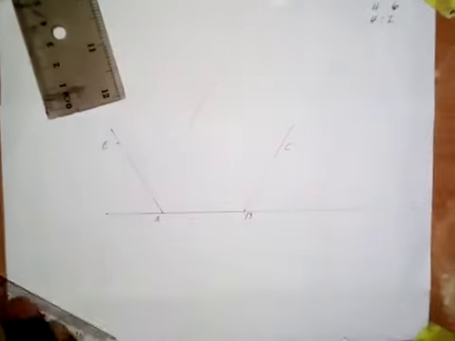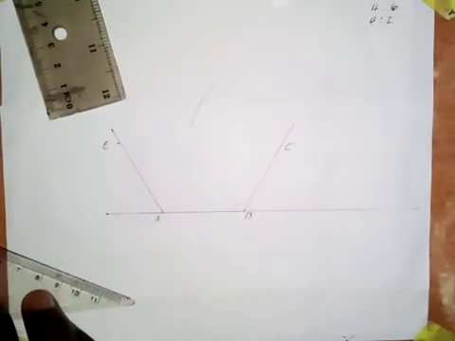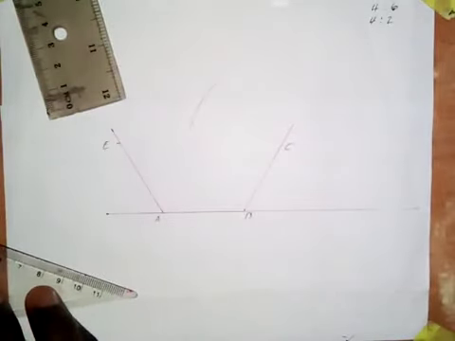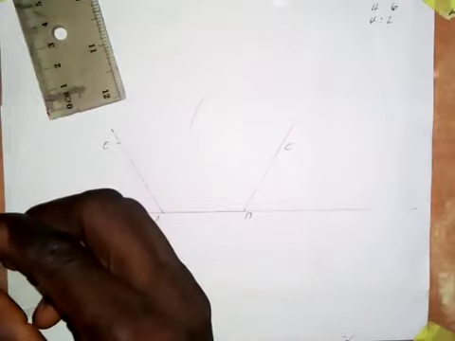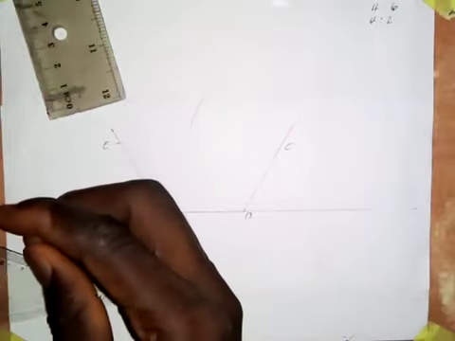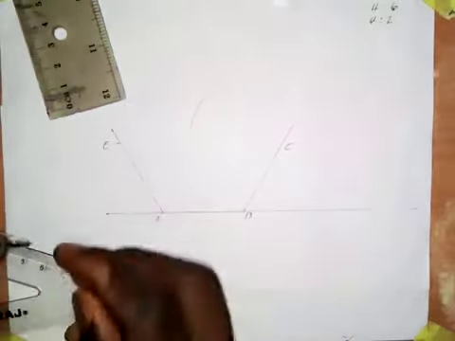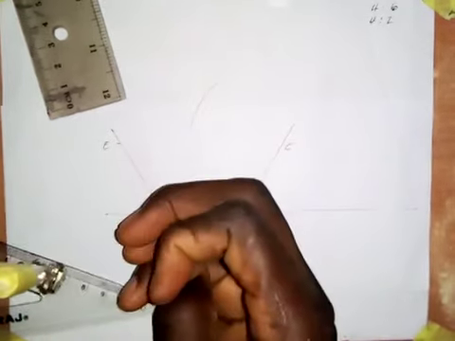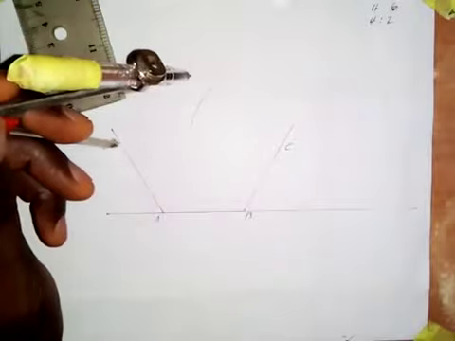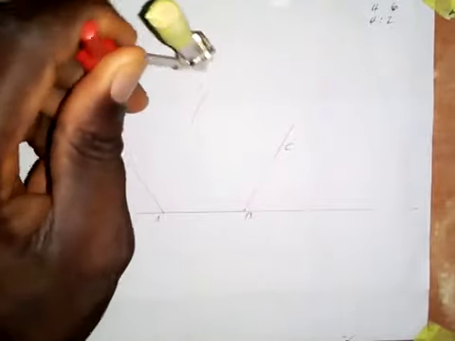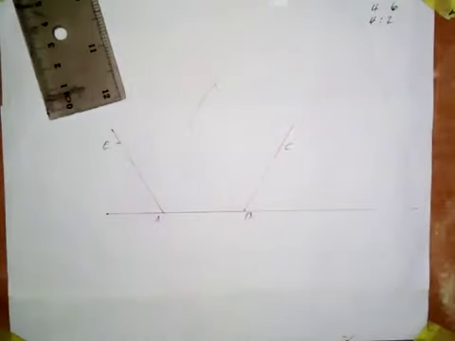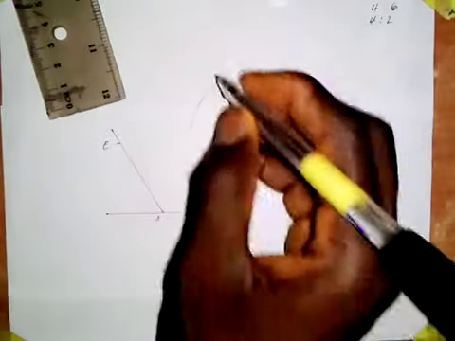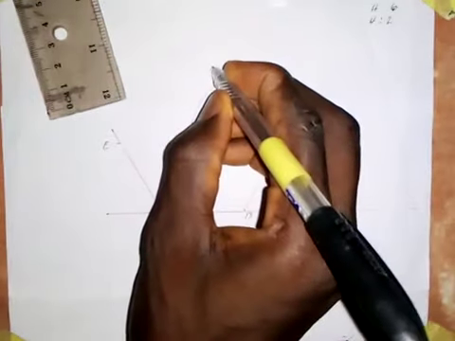Then I will take 55 millimeters for DE. I'll put the compass at point E and make an arc here. So here we have point D.